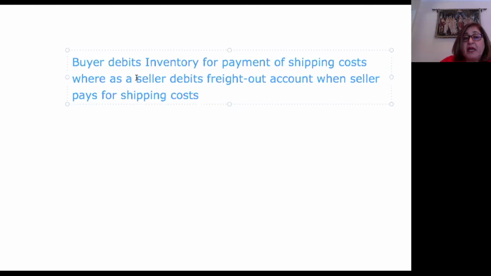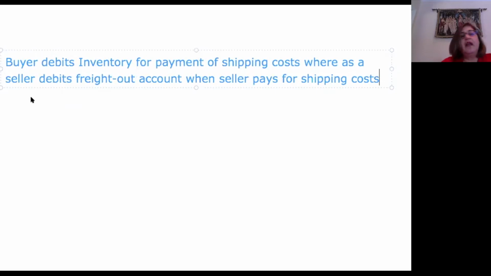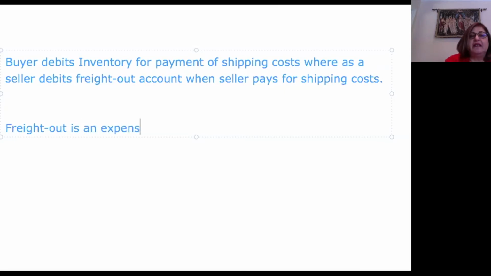When we become a seller, because once we finish buying, we're going to turn it around and sell it, when we are a seller and we pay for the shipping cost because we want to keep our customer happy, then it will go to an expense account called freight out. So you may want to add to it that freight out is an expense account.